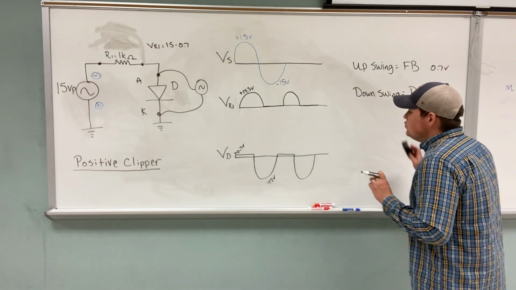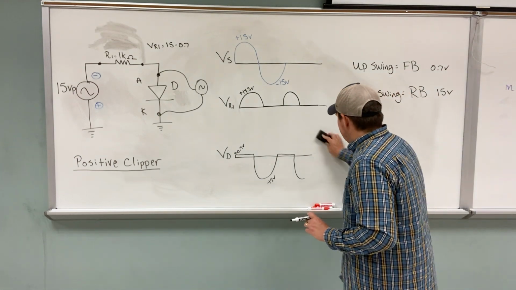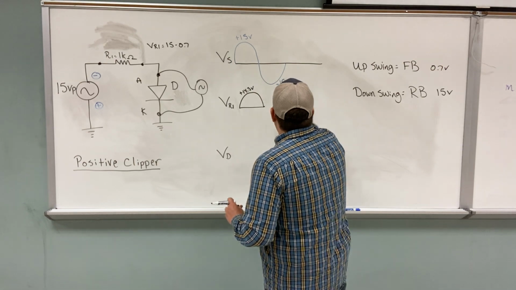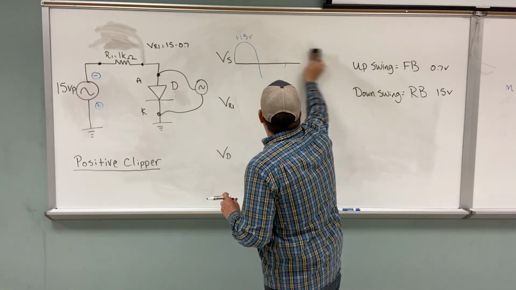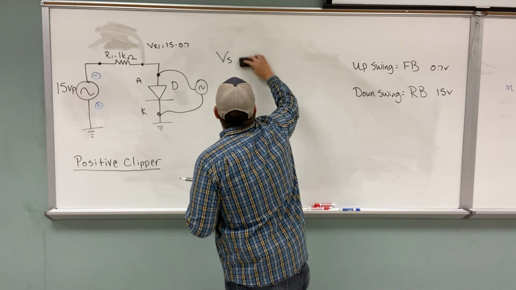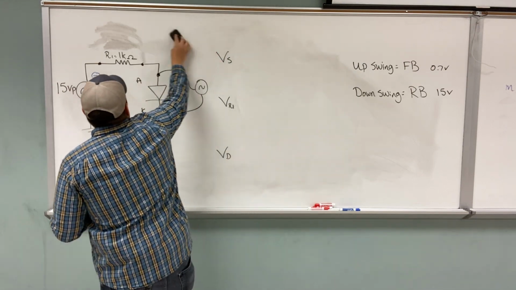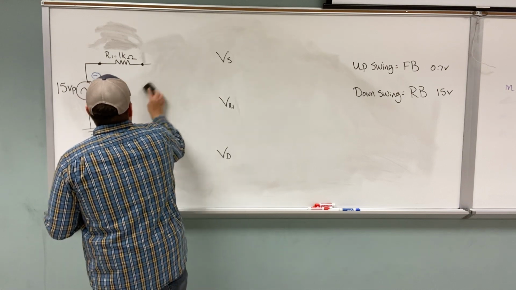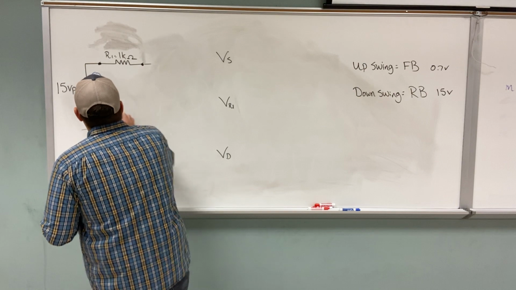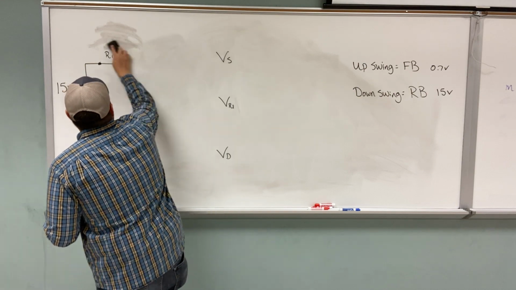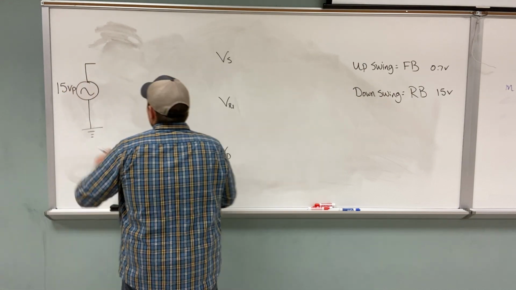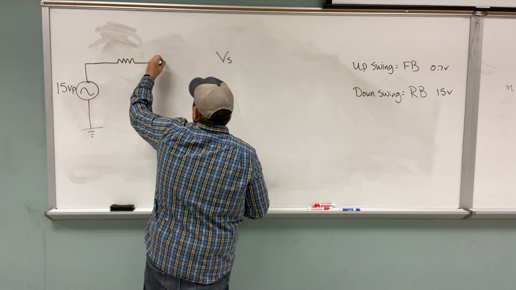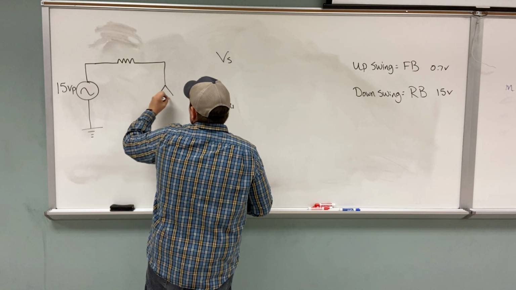So what I'm going to do really quick is we're going to look at what a negative clipper would look like. Okay, so what we're going to do is we're going to turn the diode around.